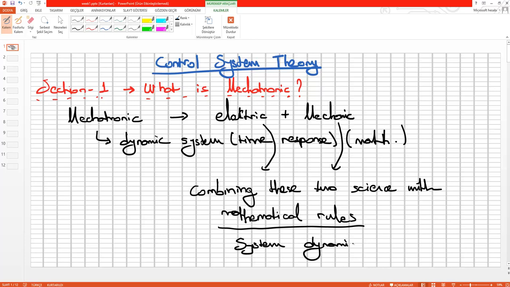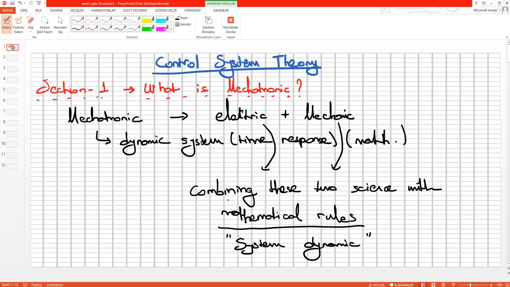Right? You have taken this lesson in order to build your system in terms of the Kirchhoff law, or electrical law, or mechanical law, or electronical law, or electromagnetic law.